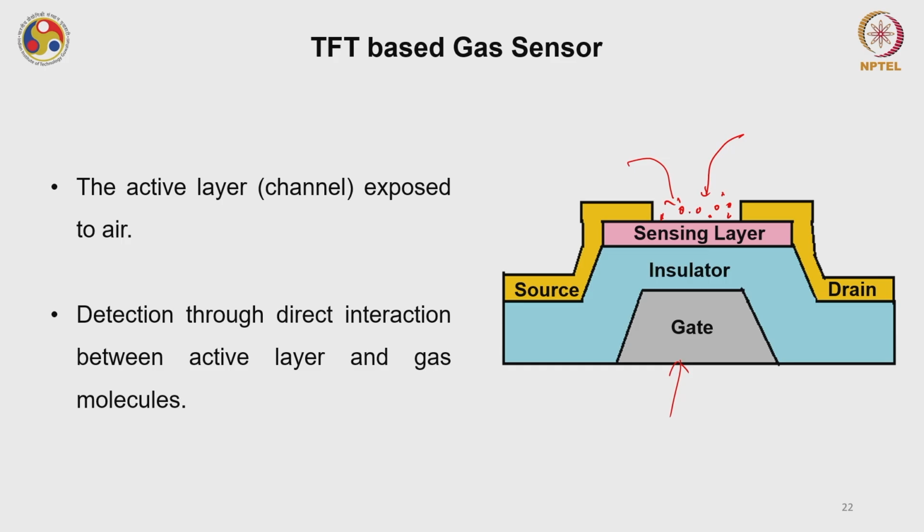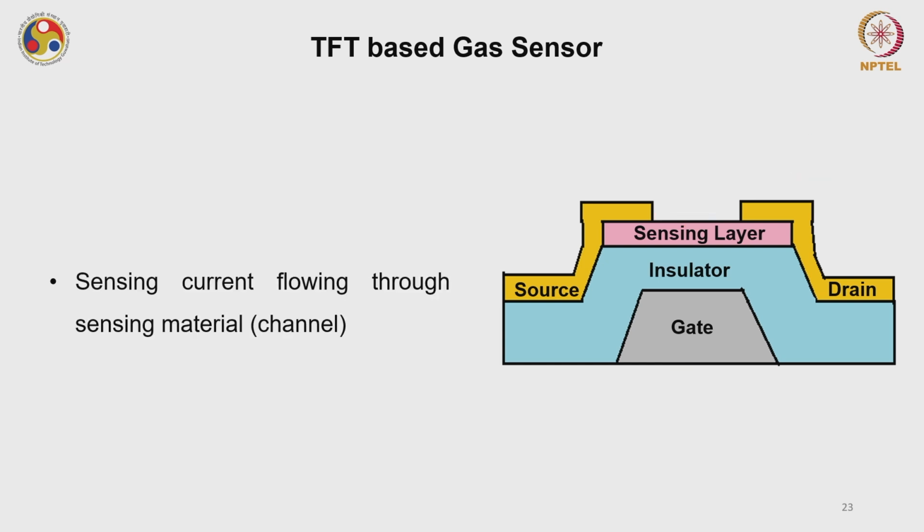This interaction will alter the current flowing in this sensing layer, or the ID current. The current flowing through this sensing material, or sensing channel, is the major source of information for this sensing application. So say initially the current was ID, when, say, this sensing layer is some metal oxide.